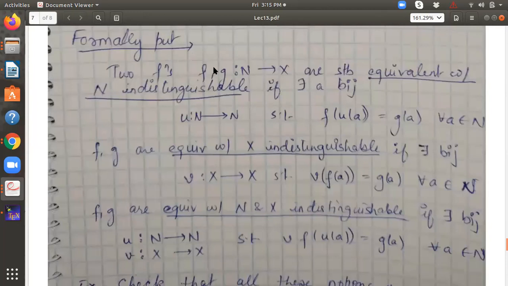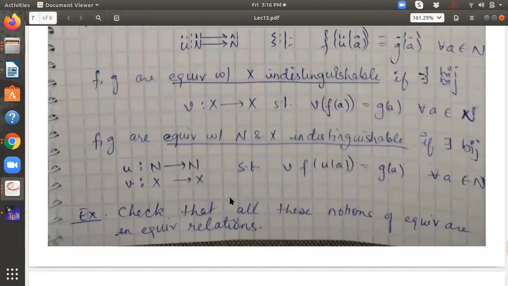If they are equivalent in any of these senses, then the one-oneness of one is implied by and implies the one-oneness of the other, and the same holds for surjectivity.